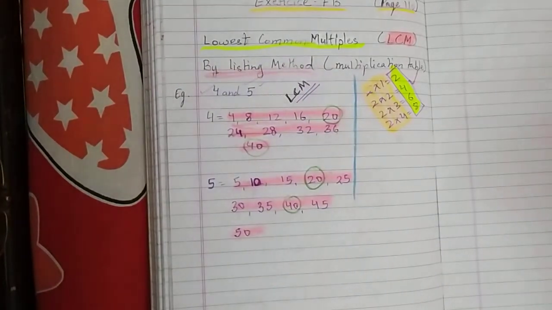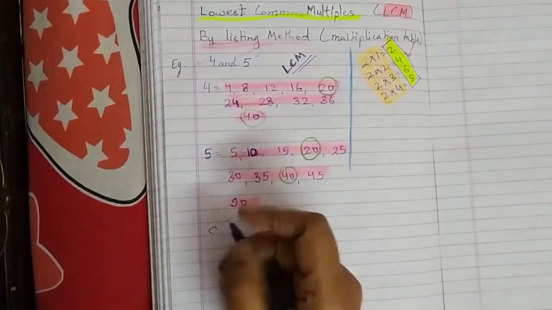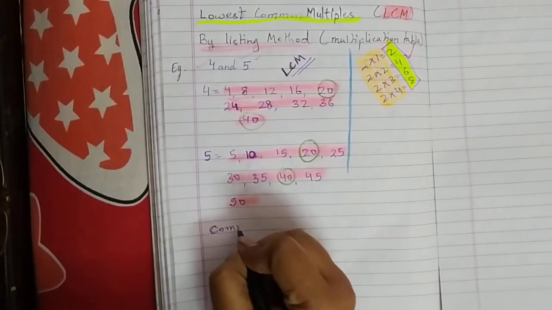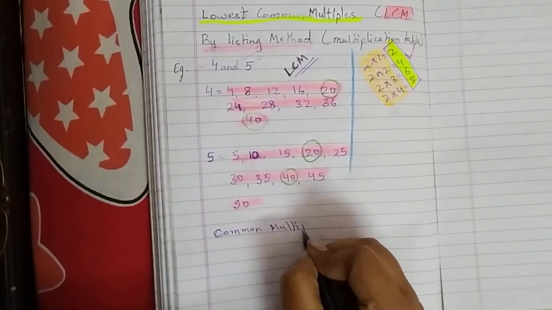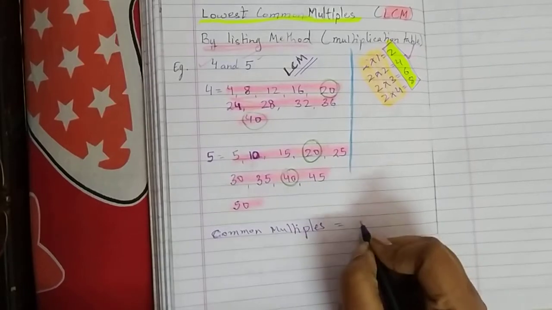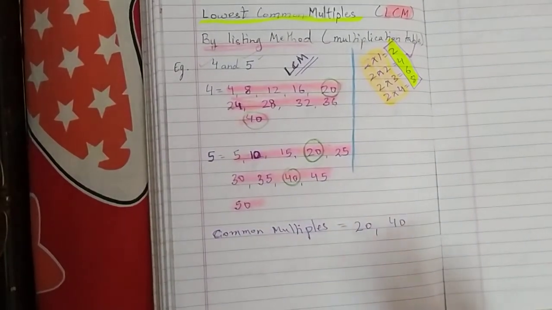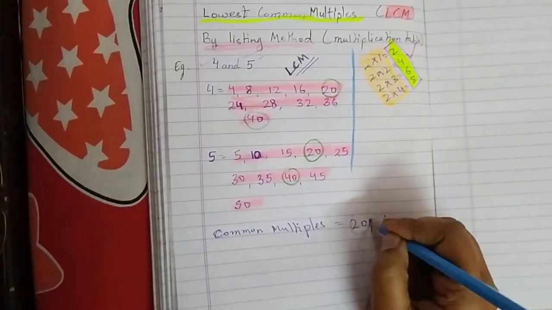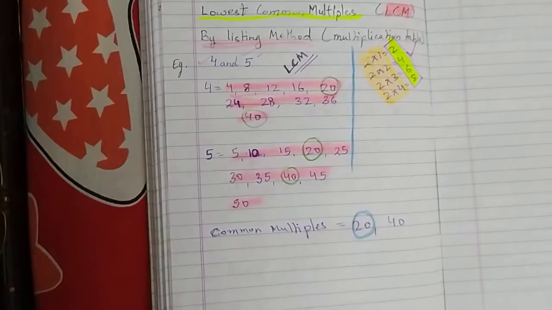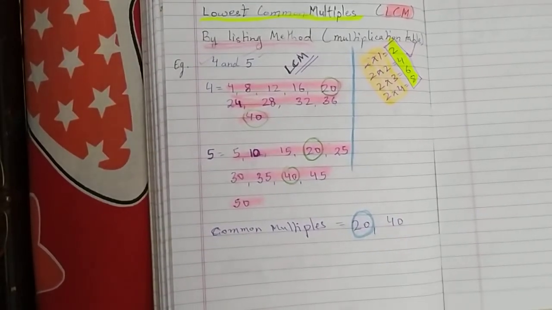What are the common multiples? 20 and 40. So which is lowest? 20 is lowest.